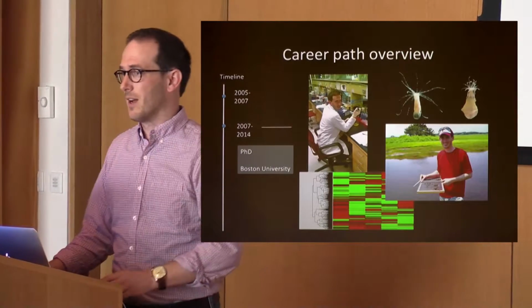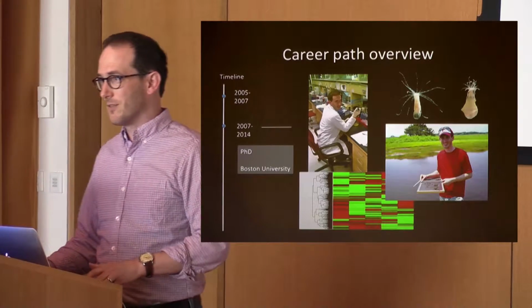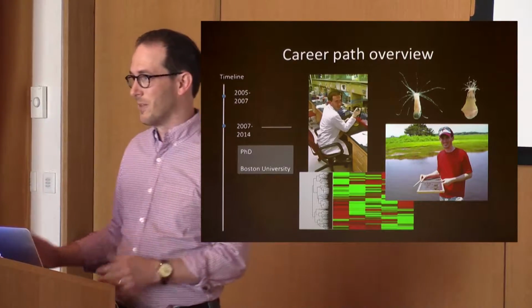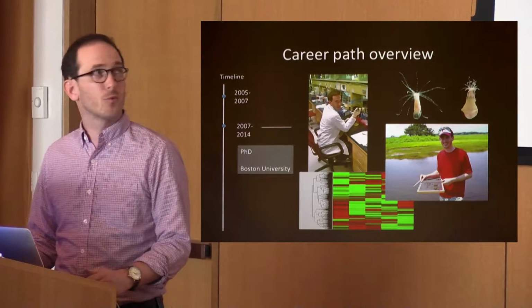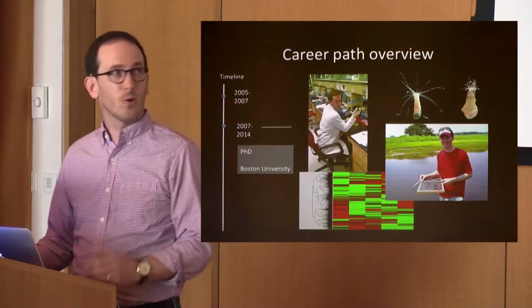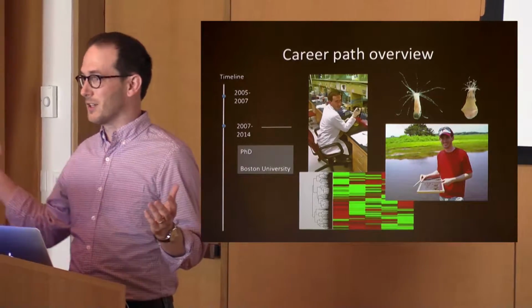Following that, I got my PhD degree at Boston University, and this was a little bit different. I moved on from studying cells to the whole organism level, and my thesis researched two sea anemones. They had differences in how their developmental trajectories played out.